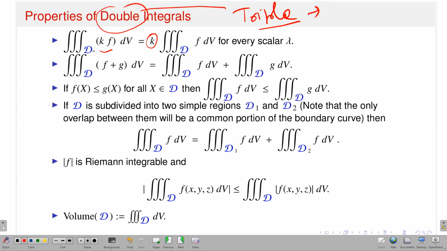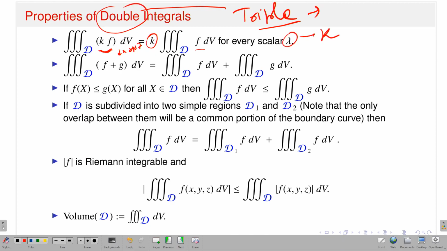That means the triple integral of k times f dv, where dv you can also write as dx dy dz, either way. If f is triple integrable and I multiply it by a scalar, then kf is a new integrable function. So the integral of kf over the domain D, dv, is the same as k times the triple integral of f dv, for every scalar. There is another typo, this should be k.